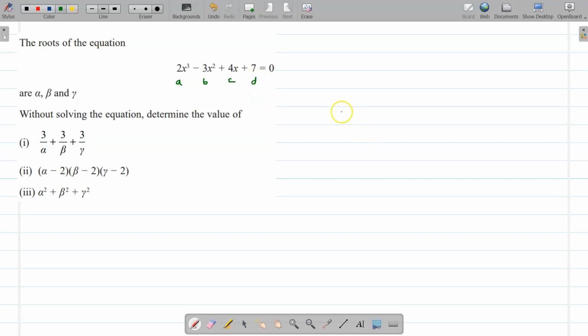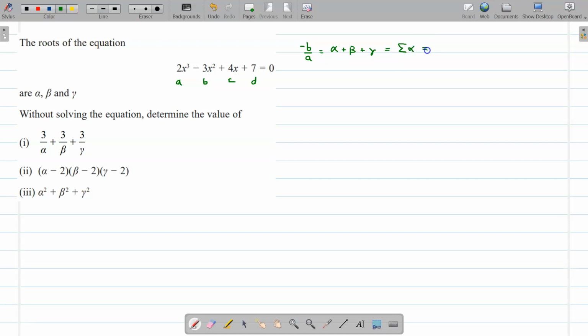Okay, and then we need to use the fact that minus B over A is the sum of the roots, which is alpha plus beta plus gamma, and that can be abbreviated using the shorthand notation simply as that.